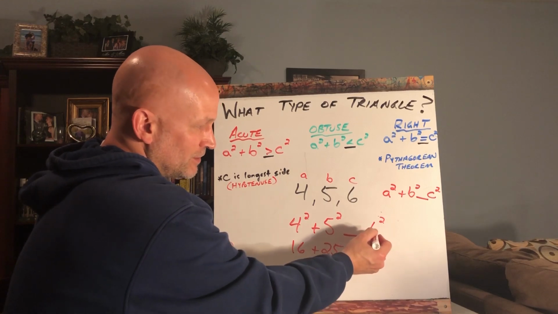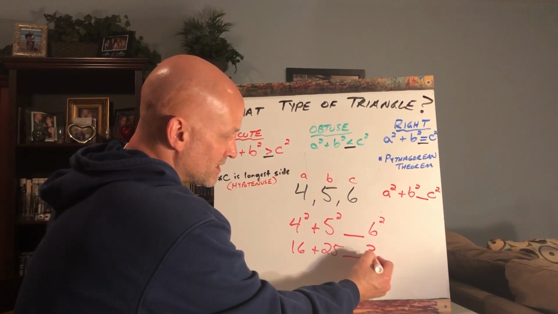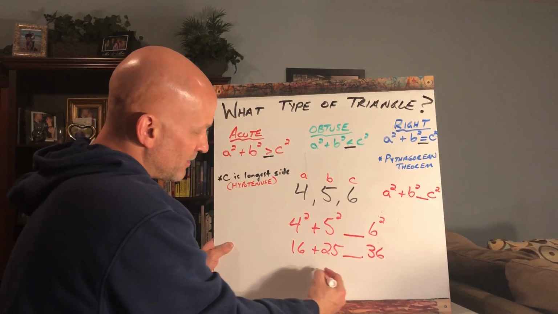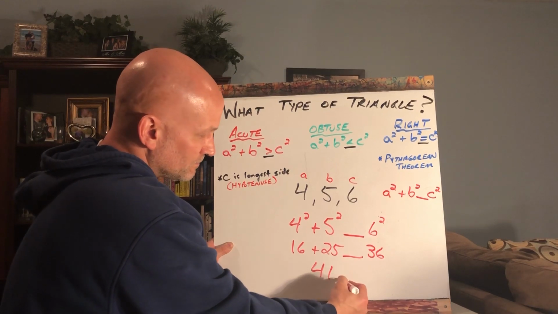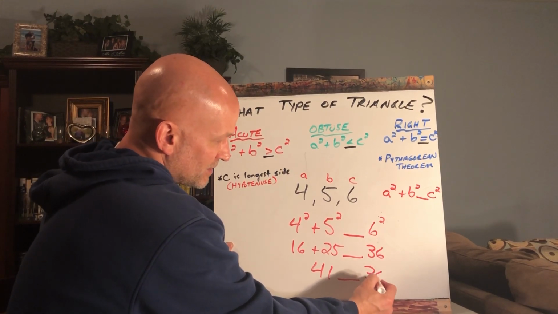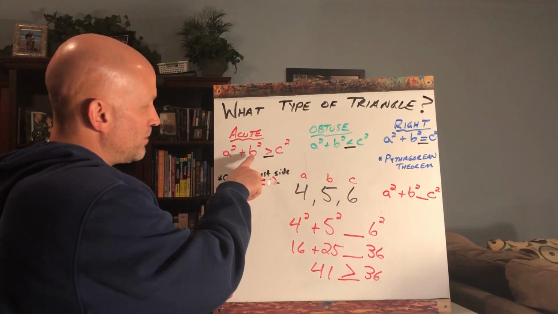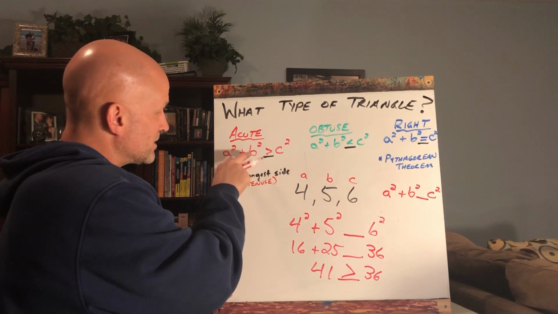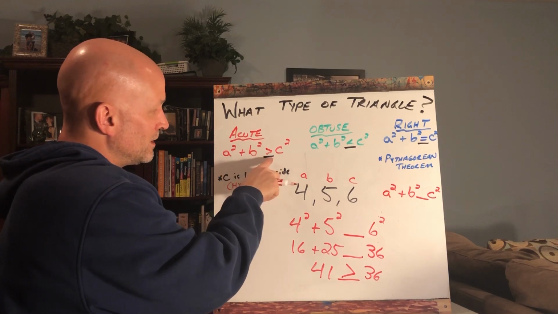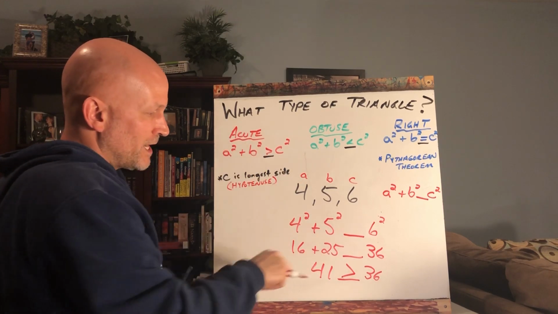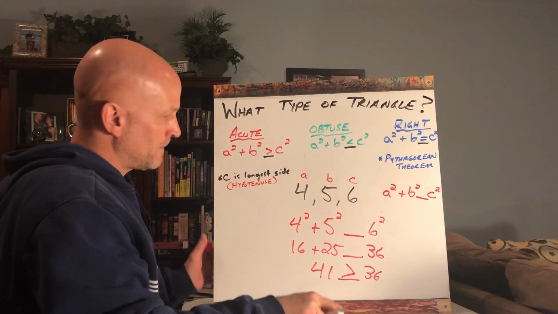How is that related to 6 times 6, which is 36? Add these together, and I get 41 to 36. Well, 41's greater, so it's greater than. And if I go up here and look at these, the sum of my A and B squared is greater than C squared, so this would make an acute triangle.